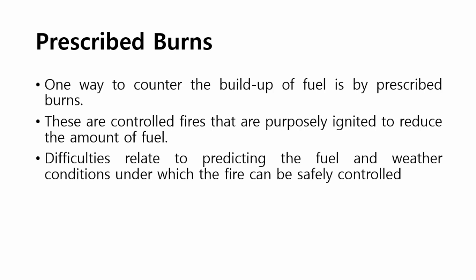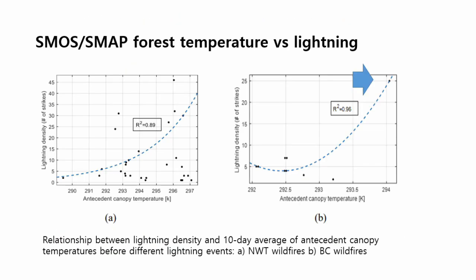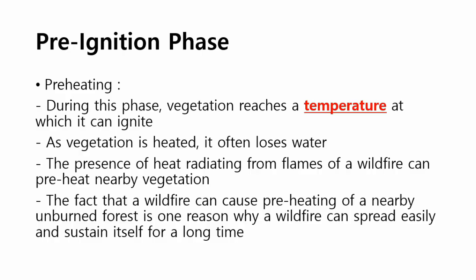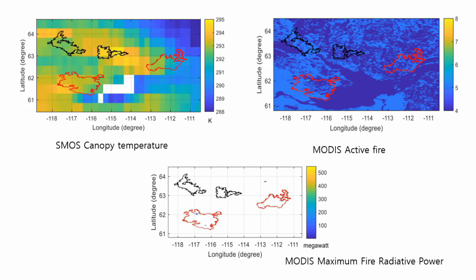For example, when the fuel temperature is already too high, like in this canopy temperature figure, if you already know that a certain pixel has warm temperature, then it's not wise to operate prescribed burning over that pixel, right?